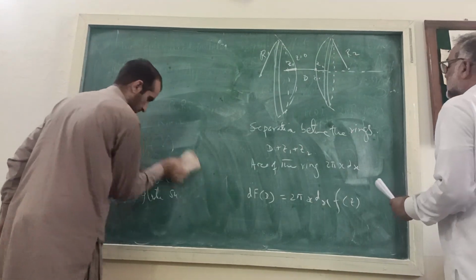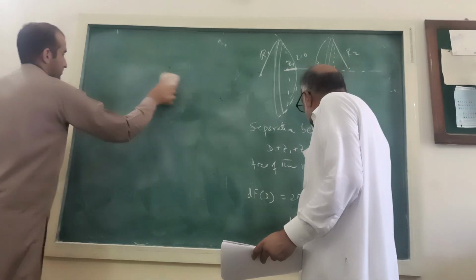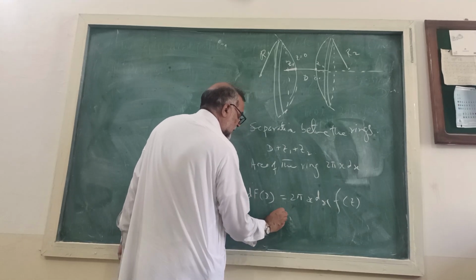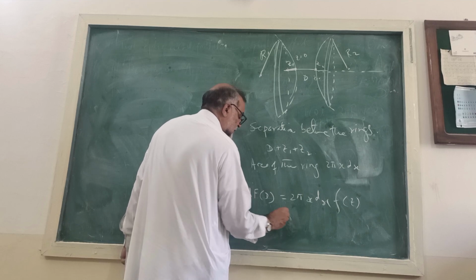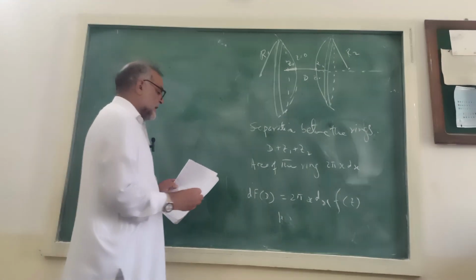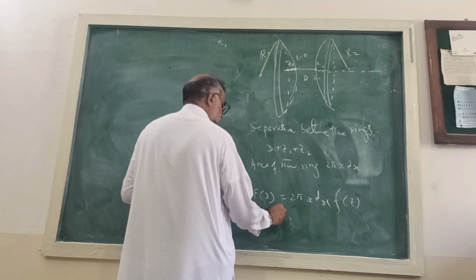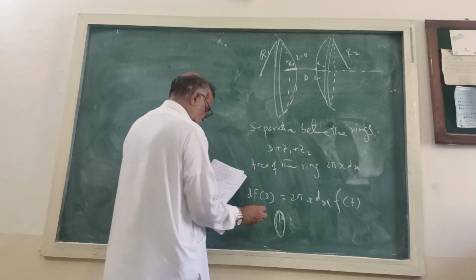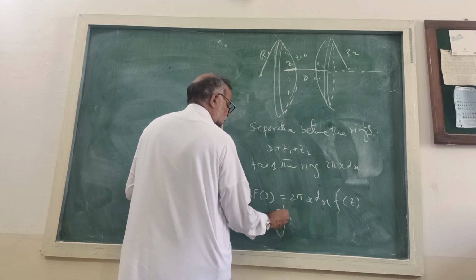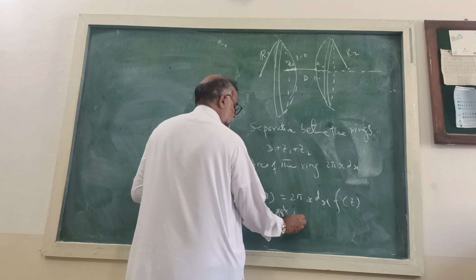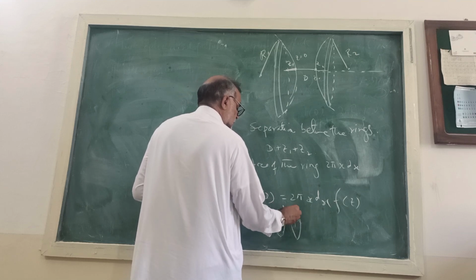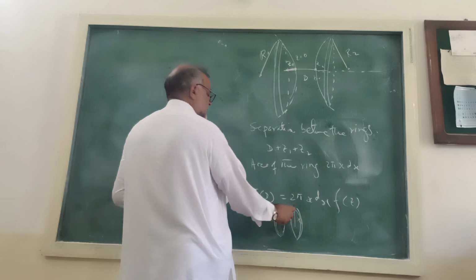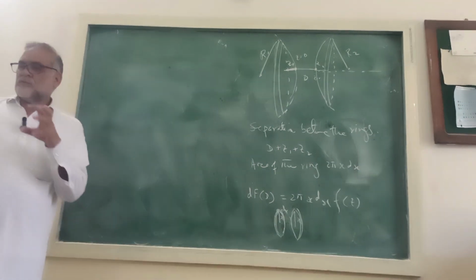It will be like, look, that is x, dx. So this is two little rings.